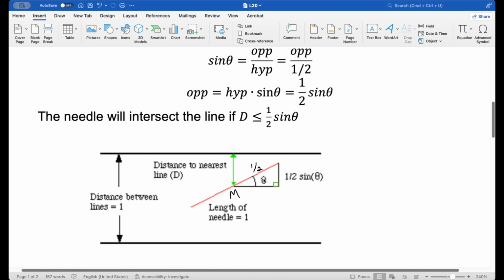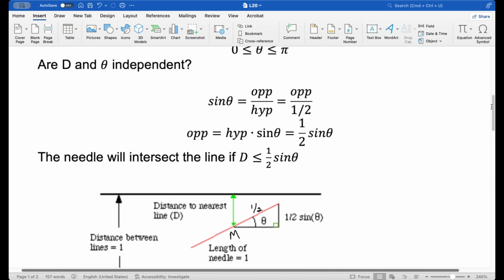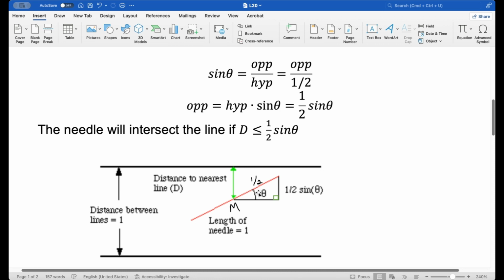Okay, so we look at this right triangle here, and we have a line that's parallel to D. The distance is measured perpendicular to our parallel line. So we have a right triangle. We see the hypotenuse is 1/2 because it's half the length of the needle. And we're looking at the angle theta with the parallel line and the needle. So using right triangle trig, the sine of theta is equal to the opposite side over the hypotenuse.